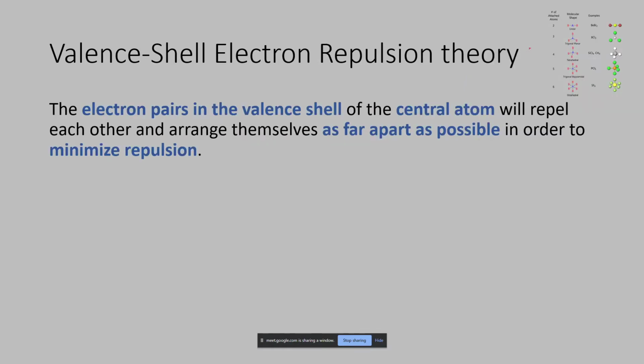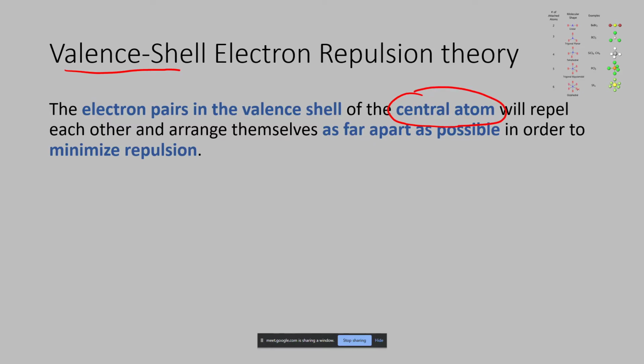Okay, what is VSEPR? VSEPR is everything about electron pairs. Sebab electron pairs yang kita tengok, sebab kita only tengok valence electron kan, sebab any bonding is only based on valence electron, and kita tengok central atom only. Okay, kita always tengok the shape of central atom lah.